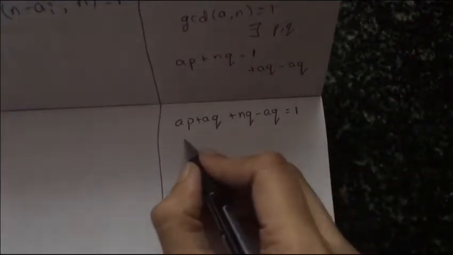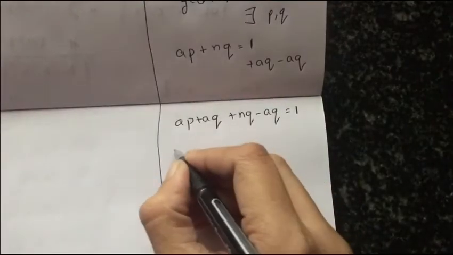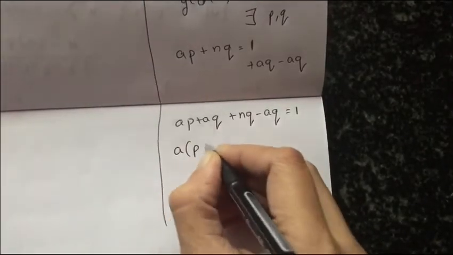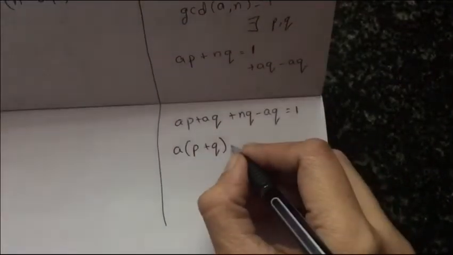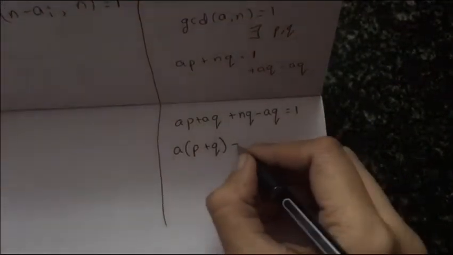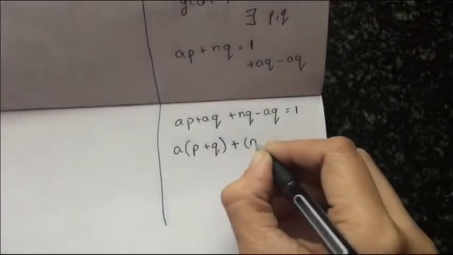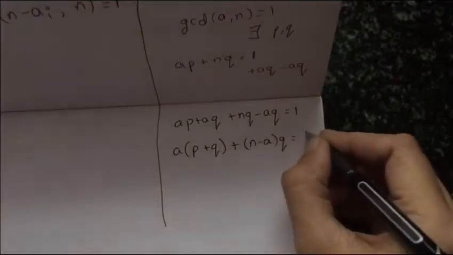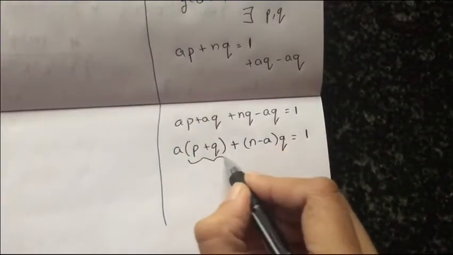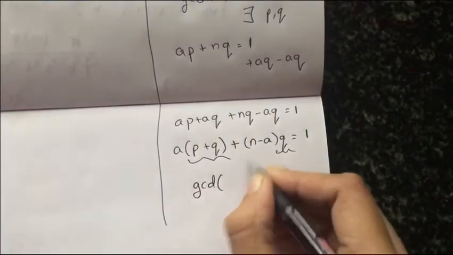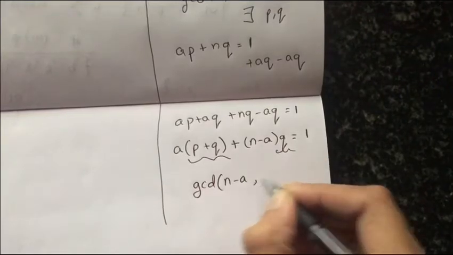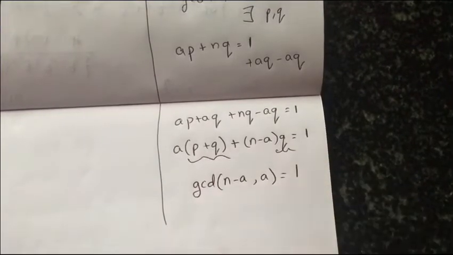Now I can take a outside, so a into p plus q, plus n minus a into q, equal to 1. Now this is some integer and this is some integer, therefore I can write GCD of n minus a comma a is equal to 1.